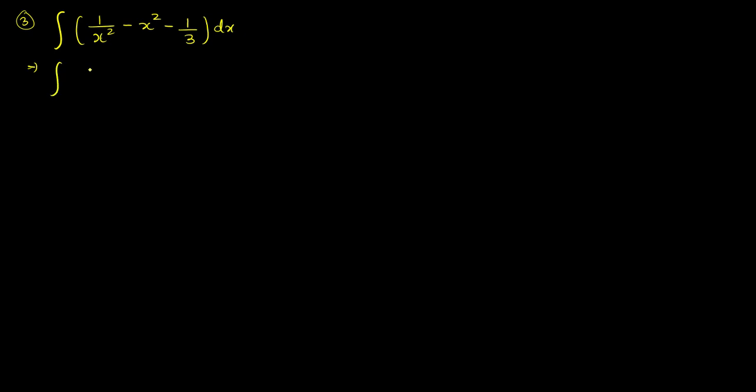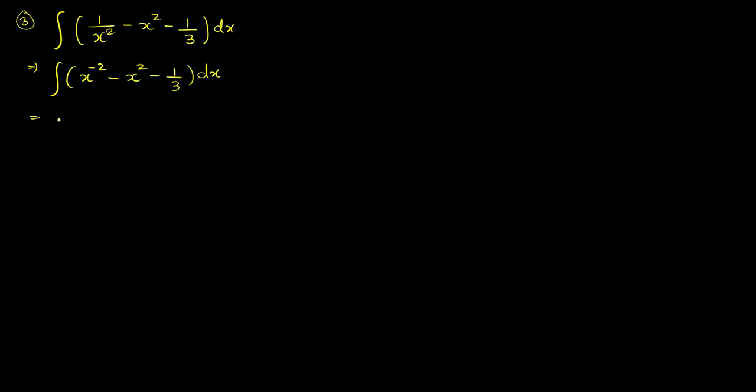So we rewrite 1 over x square as x power minus 2. Remember, when you are taking the term to the numerator, the power changes from positive to negative and negative to positive. Since we had a positive 2, it changes to negative 2, minus x square minus, as 1 over 3 is a constant, no need to change anything here, keep it as it is.